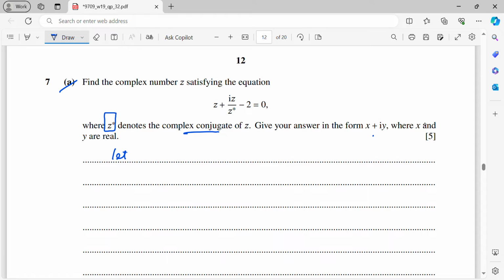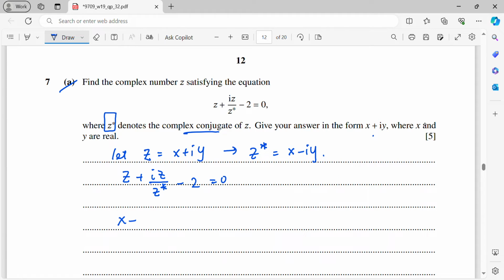So I will let the complex number be x plus iy. Okay, then the conjugate will be x minus iy. So now I will just copy the question and replace.